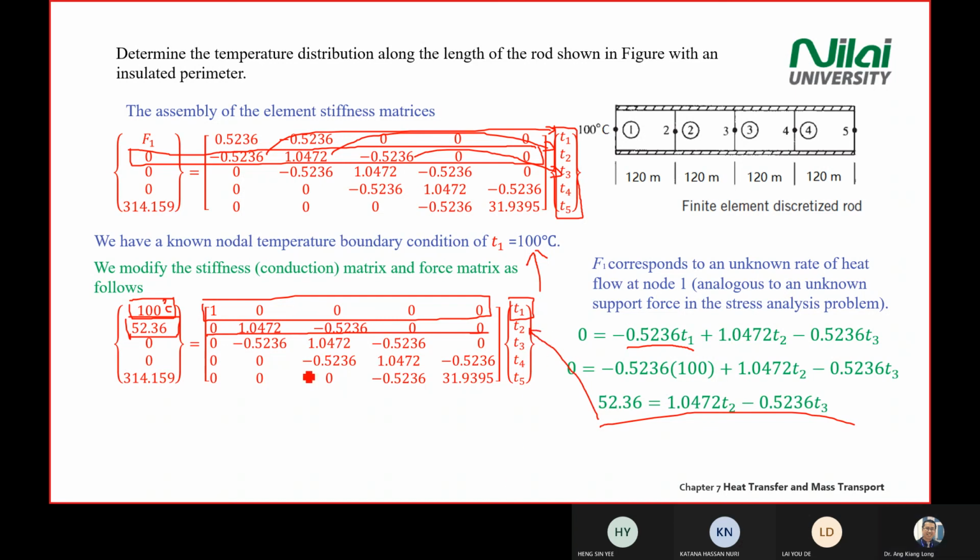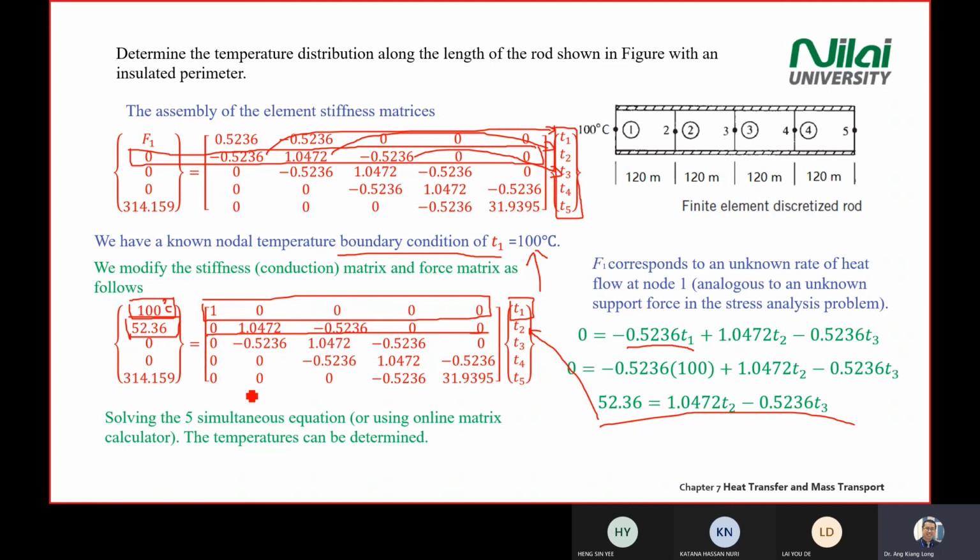Okay, we modify the first two equations based on boundary condition. Treat this as your homework. Go and carefully study how you transfer from the top equation to the bottom equation by using a known boundary condition. In this case, normally it will be given T equal to something Celsius. You need to know how to change according to this concept.